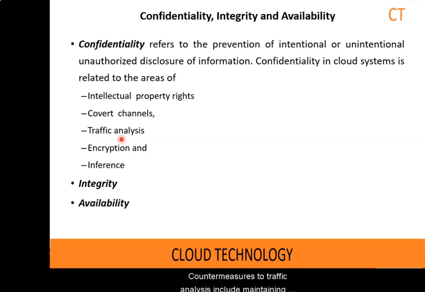Countermeasures to traffic analysis include maintaining a near constant rate of message traffic and disguising the source and destination location of the traffic. Encryption involves scrambling messages so that they cannot be read by an unauthorized entity even if they are intercepted. The amount of effort required to decrypt the message is a function of the strength of the encryption key and the robustness and quality of the encryption algorithm.